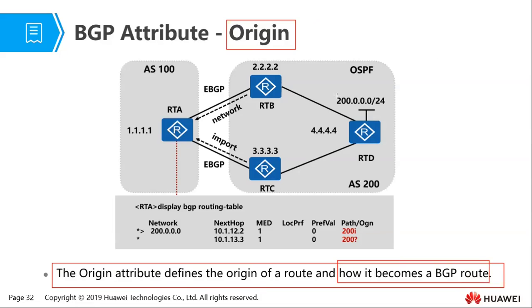In this example, we have the network segment 200.0.0.0/24 on RTD, which is on AS 200. Now on AS 100, we have the router RTA. Now RTA can learn about this network segment from two sources, RTB and also RTC, using EBGP.